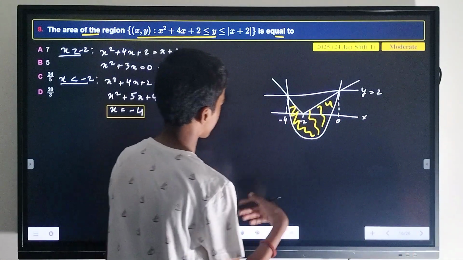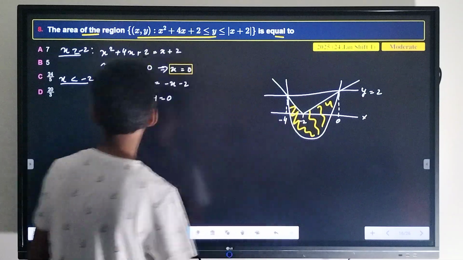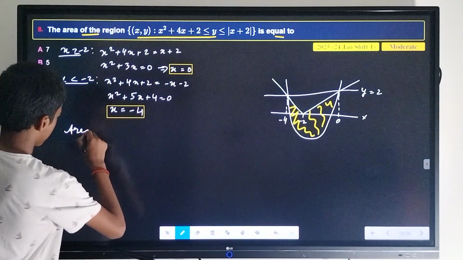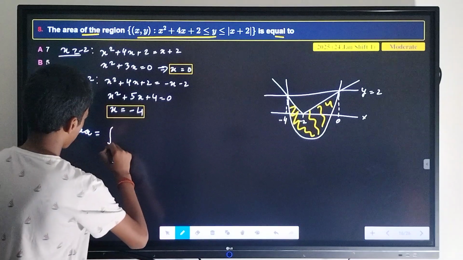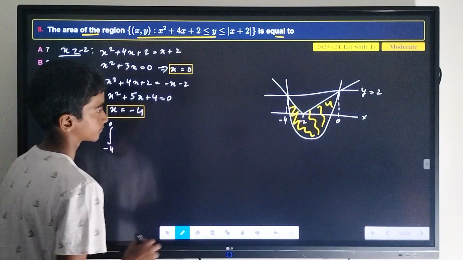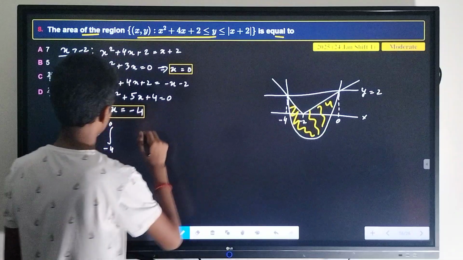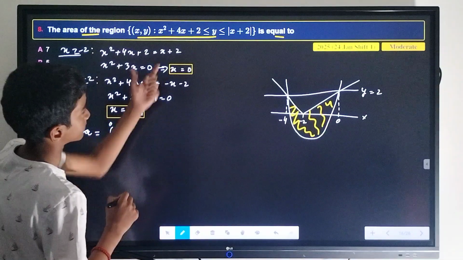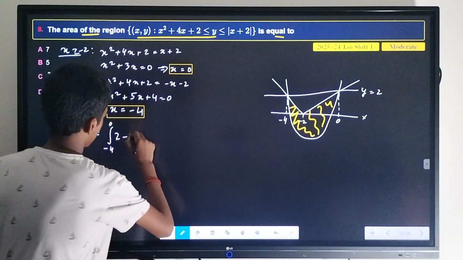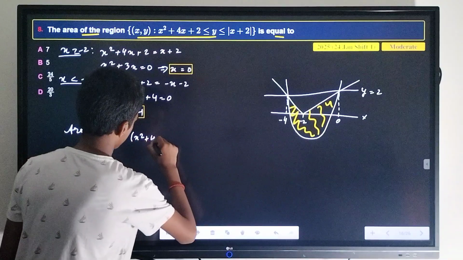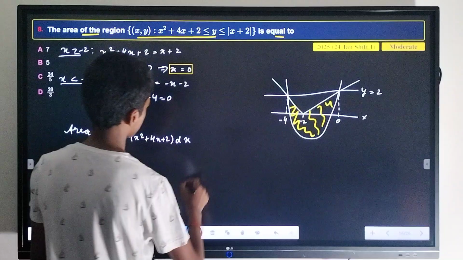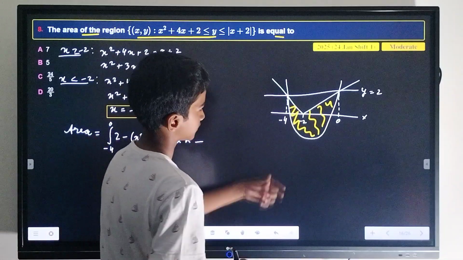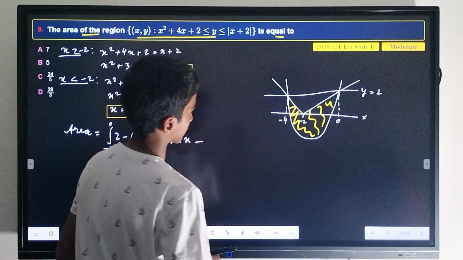So the area of the whole region, our required area is equal to integral from minus 4 to 0, y is equal to 2, the line, minus the parabola x square plus 4x plus 2 dx, minus the area of this triangle.